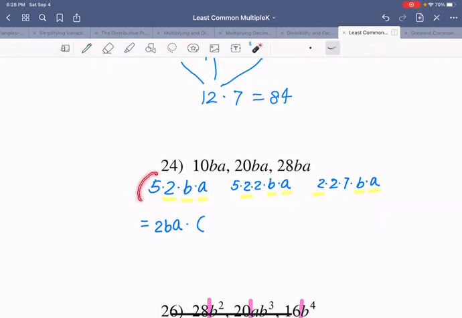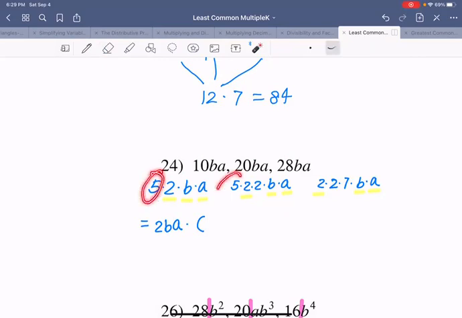This guy is? 5. This guy is 5. This guy is also 5, right? Oh, yeah, hold on. When it has 3 terms together, we have to watch out. If it just had 2 terms, the previous method works perfectly. If you have 3 terms, when these 2 have a guy in common, you can only pick one of them to be included, okay?